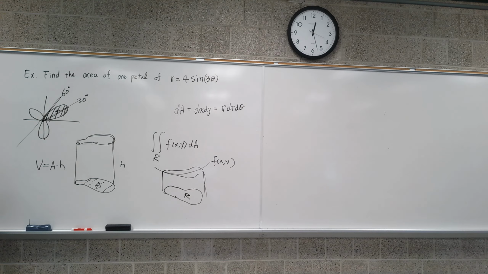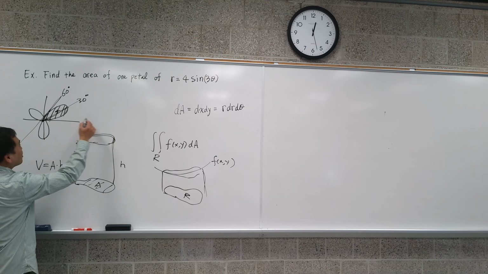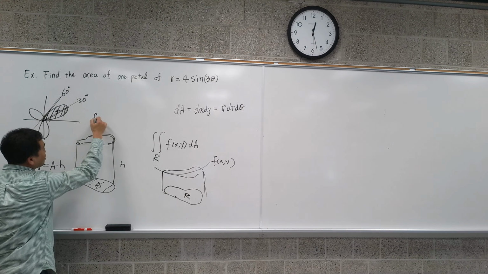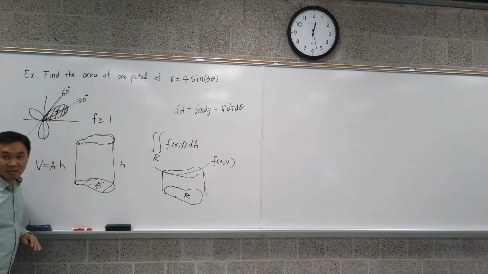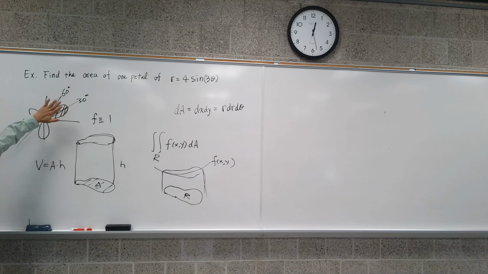So the strategy that we're going to take is we're going to put a function over it, and the function over this surface is just 1. So that the shape under the graph is like a column with what height?